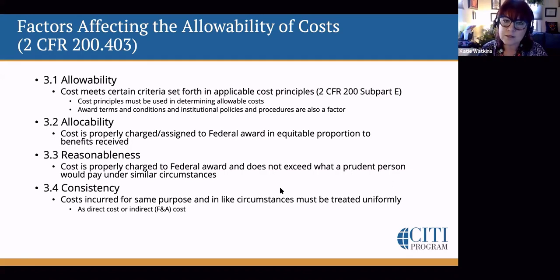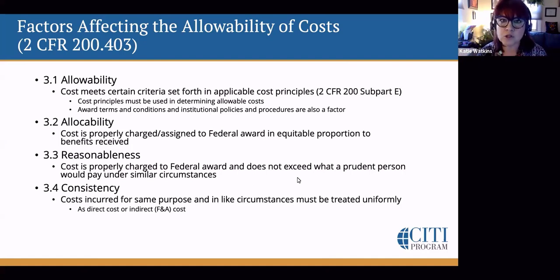So allocability, reasonableness and consistency all roll up into the allowability part of what we used to call cost accounting standards, and we may still actually refer to them as cost accounting standards. As for allowability, we look at the cost principles in 2 CFR 200 subpart E.